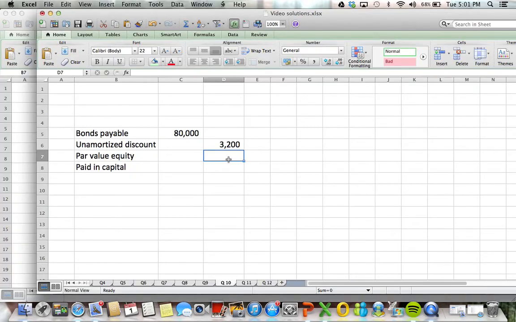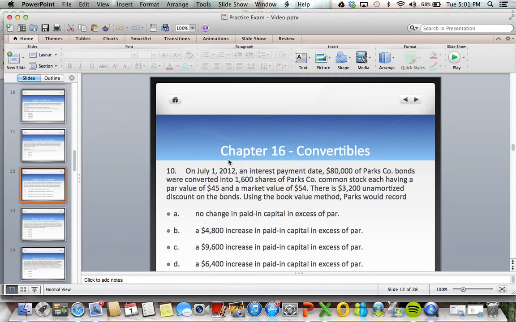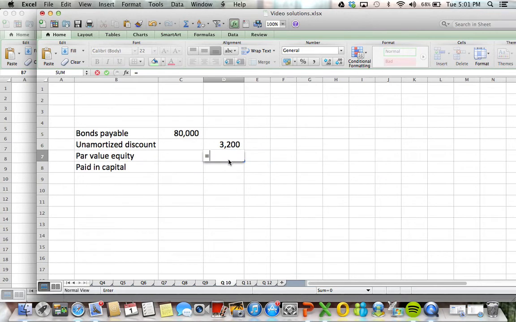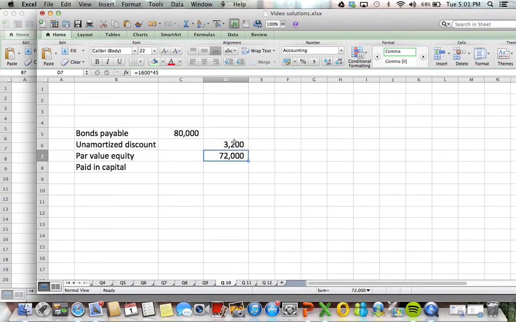So what's the remaining amount, guys? We have 1,600 common shares at a par value of 45, so I would put 1,600 times 45 in here and see if there's any room left for the rest. This is only 72,000, so paid-in capital must be the remaining piece. I'm getting 4,800 for the remaining piece, and that would be my increase in paid-in capital.